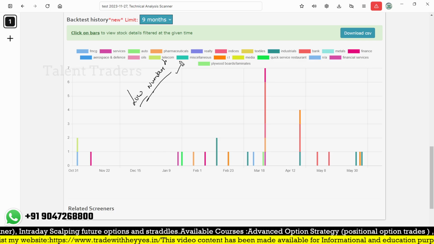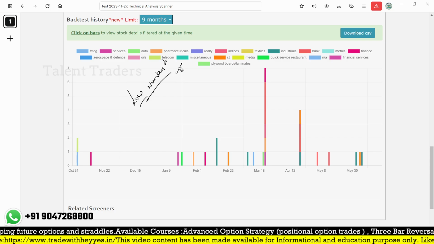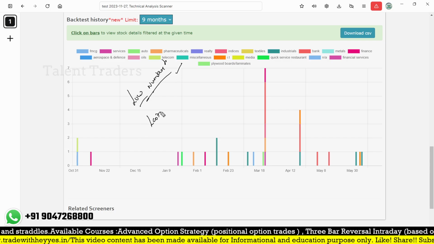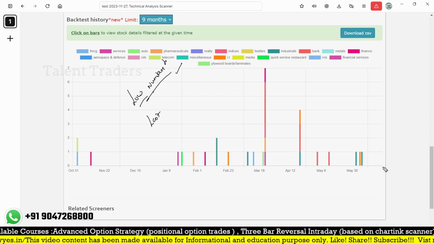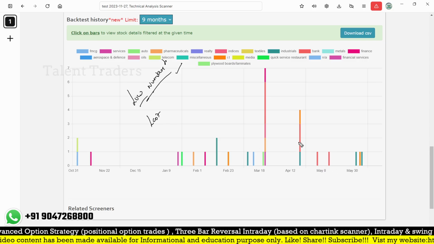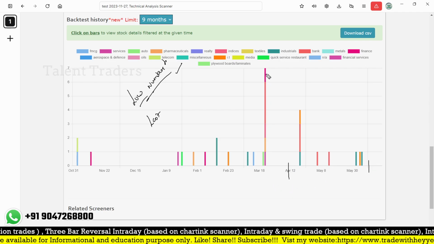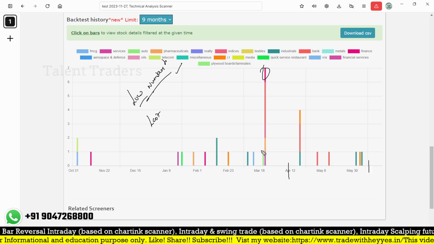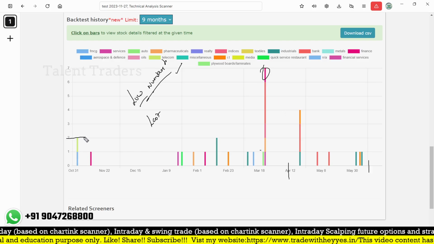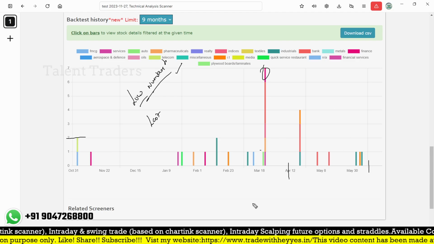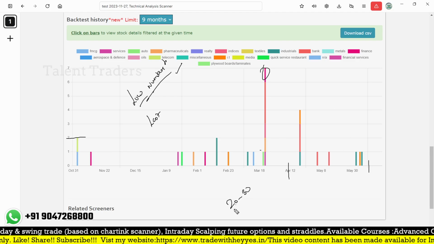So based on that we created it, and you can see the last 9 months of data. We have only a few stocks, I think 3, 5, here somewhere 4, almost 10 stocks from April to May. Maybe at this particular time we have a huge number of stocks, and randomly 1 to 2 stocks on average. But overall almost 20 to 30 stocks only in the last 9 months.